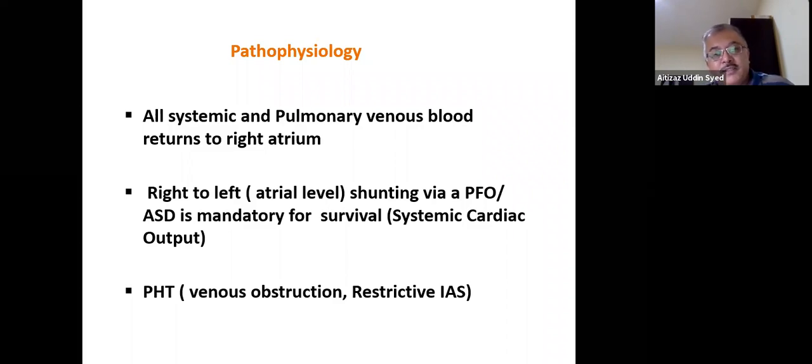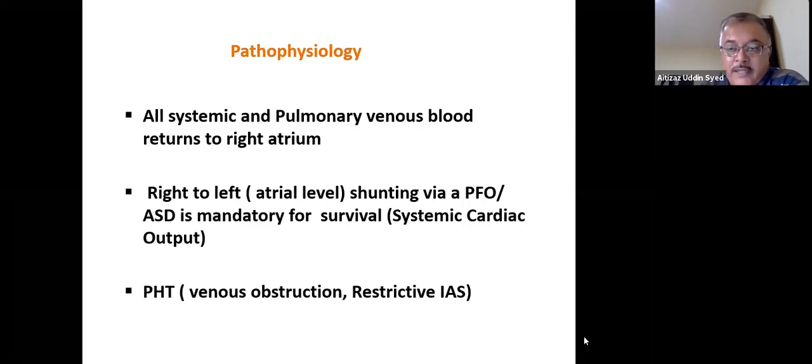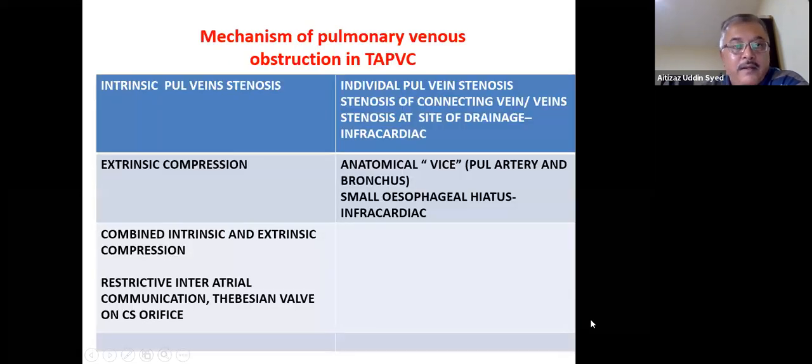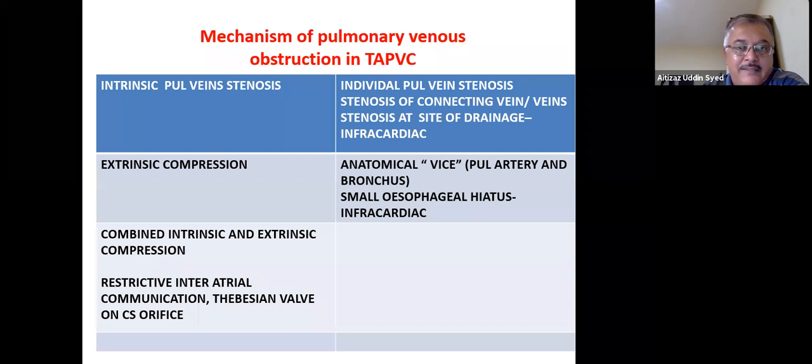So I want you to understand that in a TAPVD, the obstruction can be contributed by both the arterial and venous side of the pulmonary system. This is actually something I just copied from the textbook of Marhudis, and I think this is a good slide to remember that the obstruction can not only be compression or volume overload, it can be intrinsic pulmonary vein stenosis.